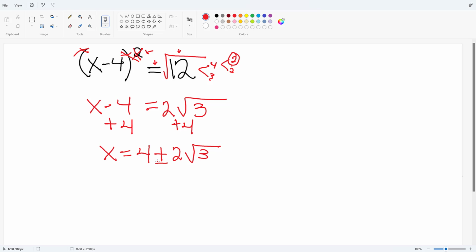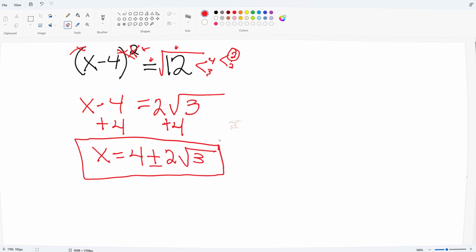You're finding multiple points, and that tells you it could be plus or minus, because this is a complex number you have going on over here. So it's really going to be plus or minus. Don't forget to put the plus or minus when you see problems like this. And this is your answer.